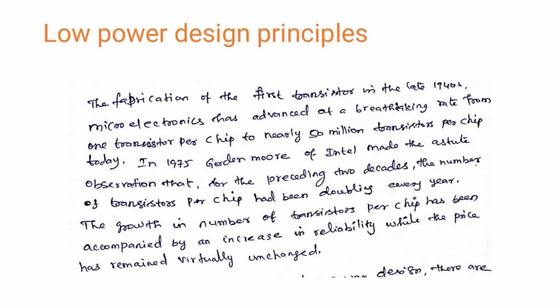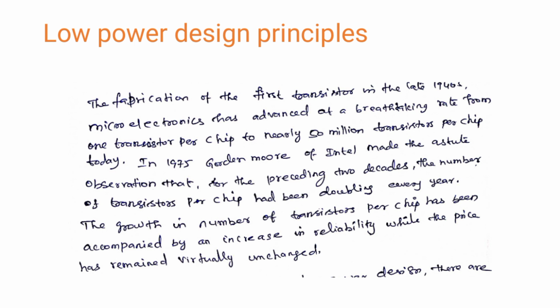Here, before fabricating the integrated circuit, we have many steps, like design entry, simulation, synthesis, validation, FPGA validation, then ASIC design flow. We need to follow all those design steps, then only can we go for fabrication.